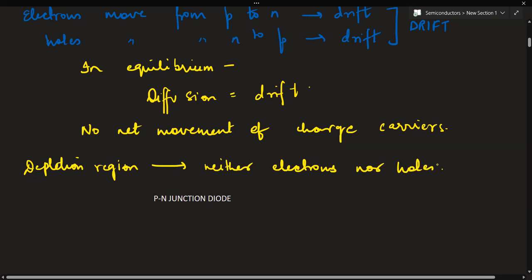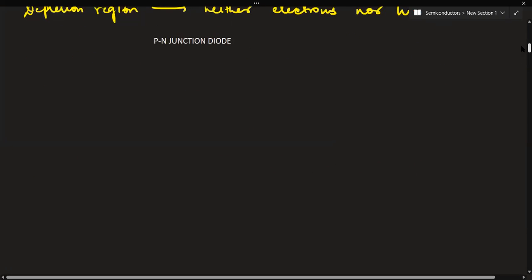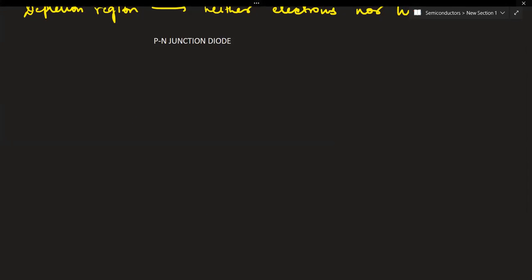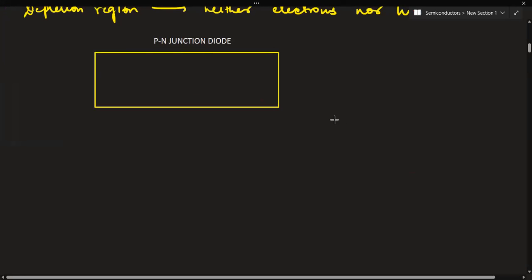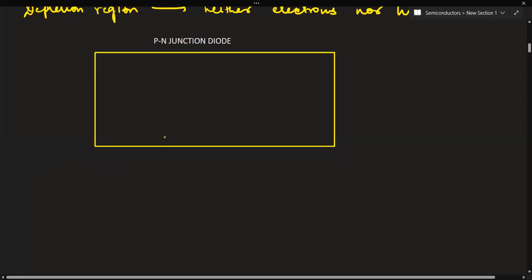Now see, regarding the PN junction diode. The PN junction diode consists of a PN junction with metallic contacts. If we represent it, this is the crystal that we use. Let's say this is the P side, comprising more holes and fewer electrons.